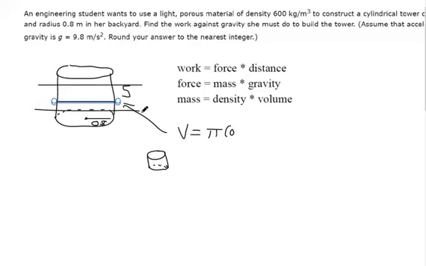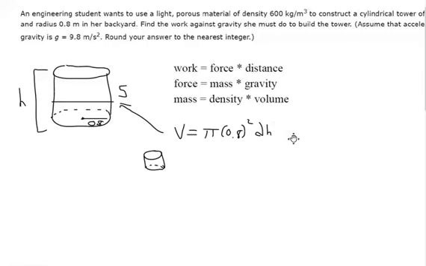Up here, it's 0.8. Over here, the radius is still 0.8. So r is 0.8 squared. The height is infinitesimally small, so we'll use dh, where h stands for the height of this whole thing. That's the volume of one slice.